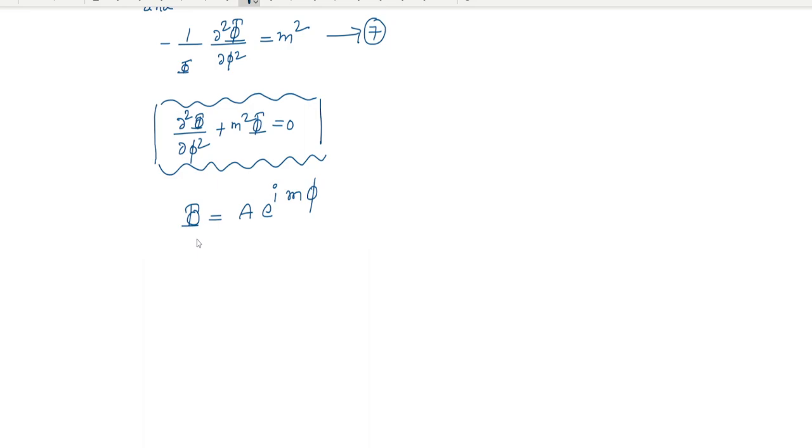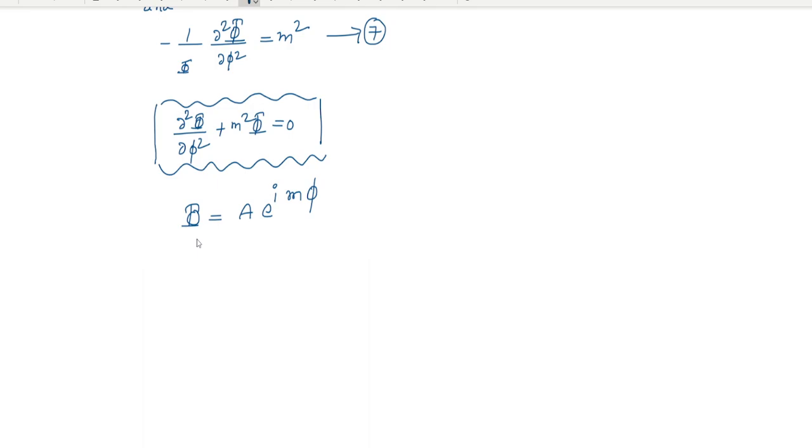If you want detailed information about this solution, we'd like to discuss it later. This solution we call the azimuthal wave function solution.